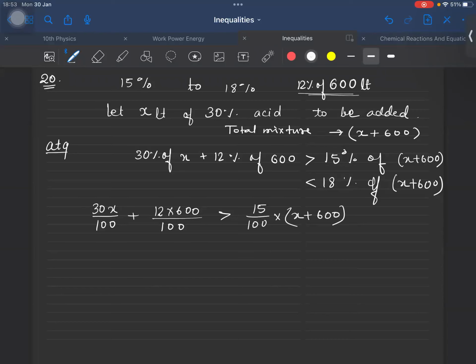Another one is, it should be less than 18 upon 100 times X plus 600, right? So solve these two inequalities and let's find the range of X.